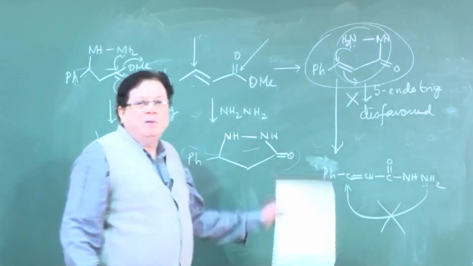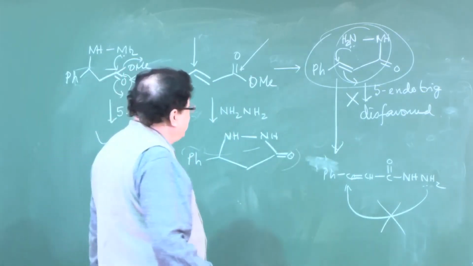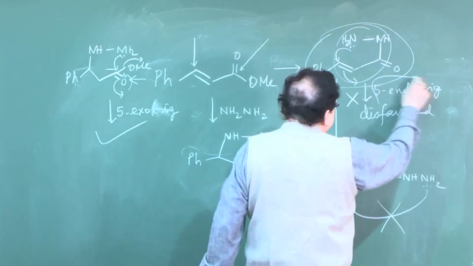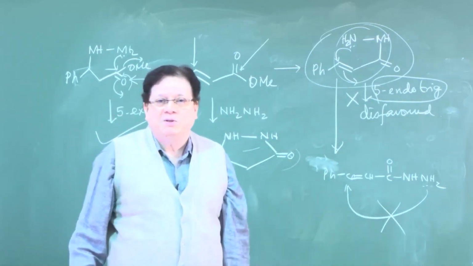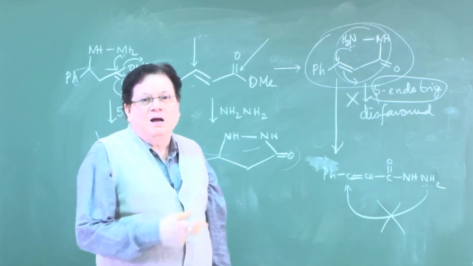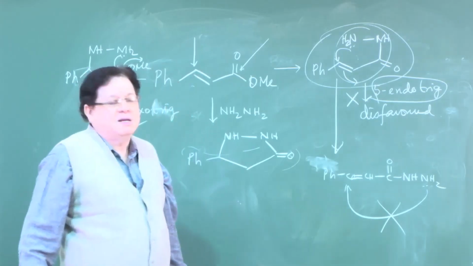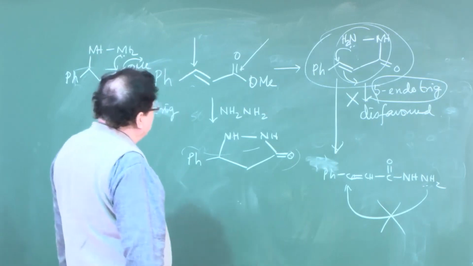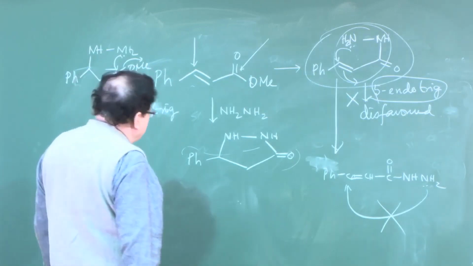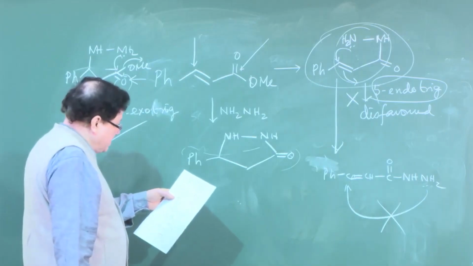That means it never worked because 5 endo-trig cyclization is not a favored process as per Baldwin's rule. So, you see the success of the rules in explaining certain reactions and also explaining the mechanistic possibilities of many reactions.